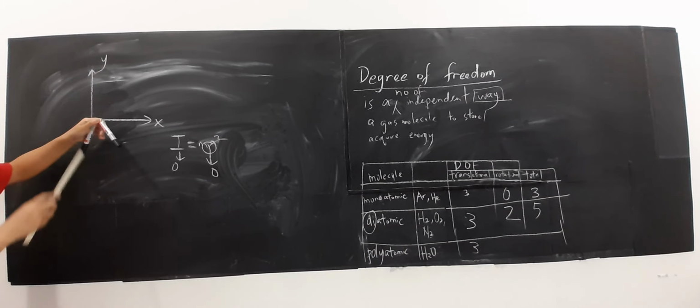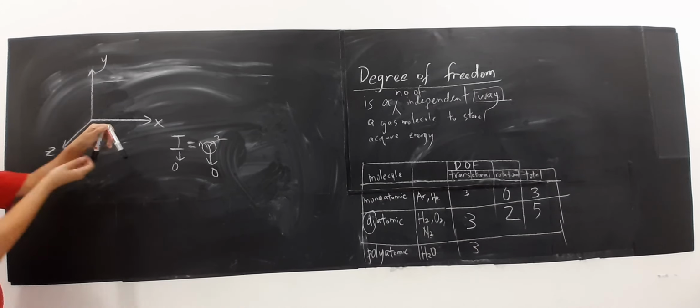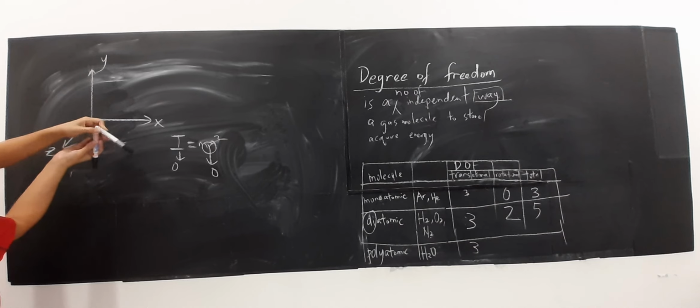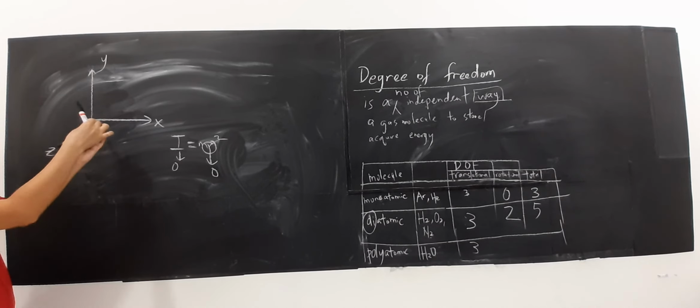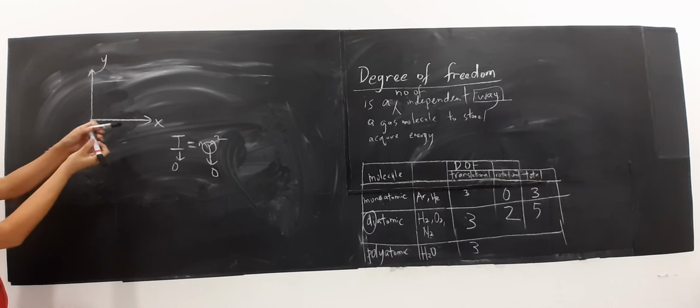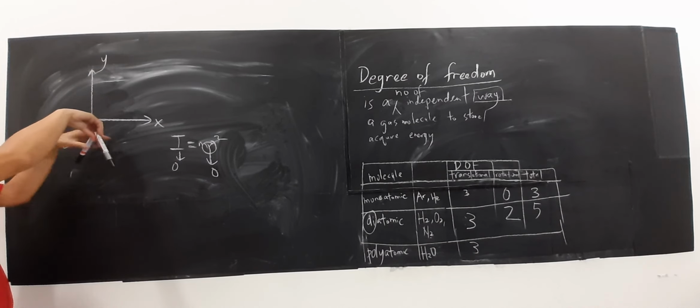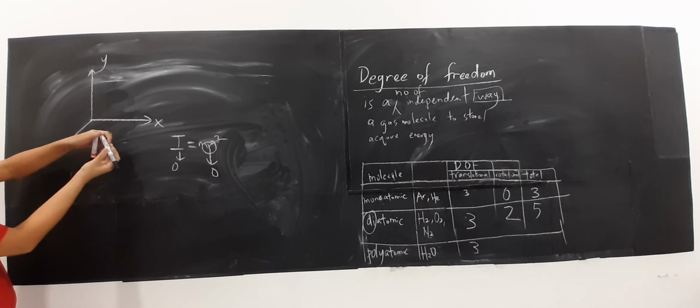Okay, kalau dia berputar, berpaksikan Z, so you found that you look at here, macam mana tiga-tiga atom ni berputar, so you found that something like this. Something like this, dia berputar begini.